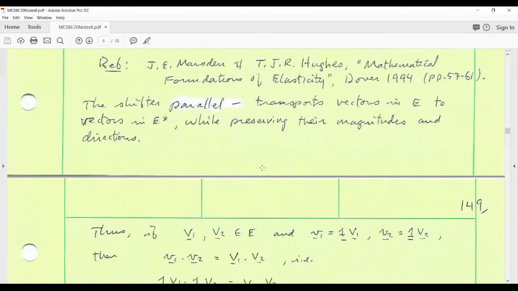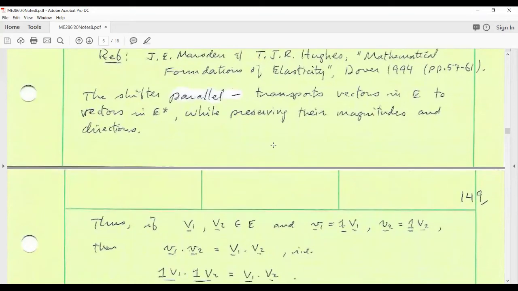So as I mentioned, the salient property of the shifter is that it transports vectors in E into E star without changing them. It doesn't change their magnitudes or directions. So we say it parallel transports these vectors from one vector space to the other.